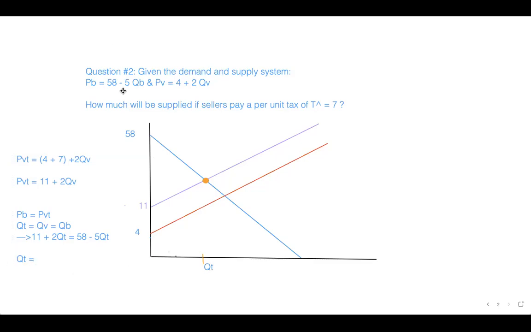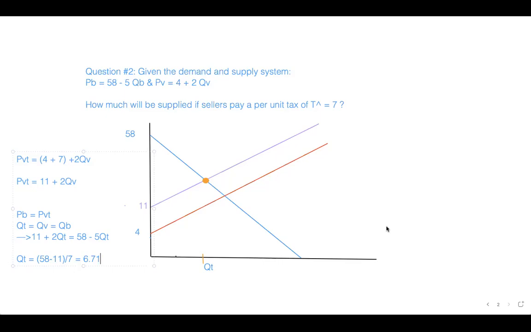This is the calculation that you just did: 58 minus 11 divided by 7. And you said that's 6.71, is that right? Yeah.